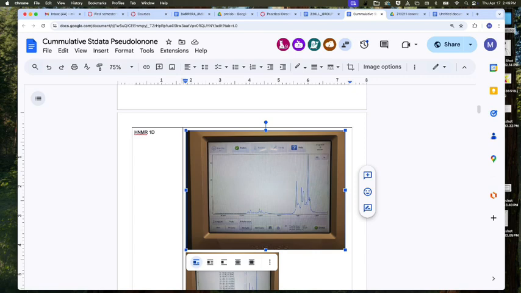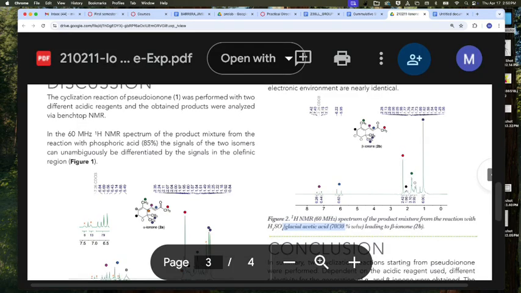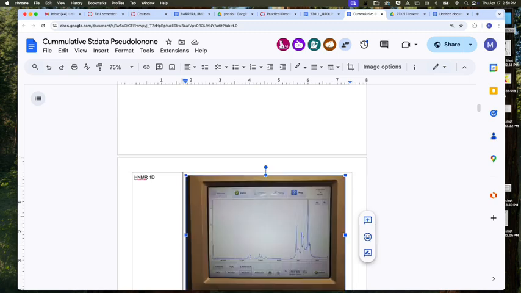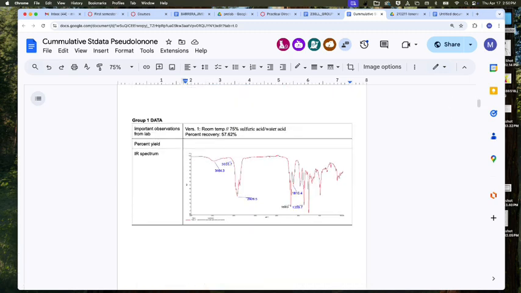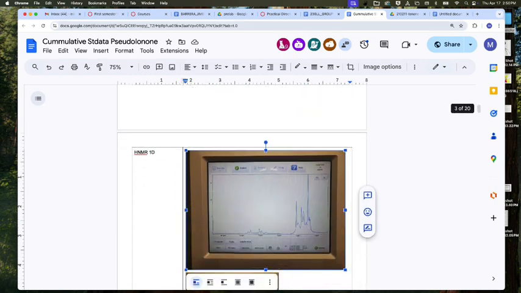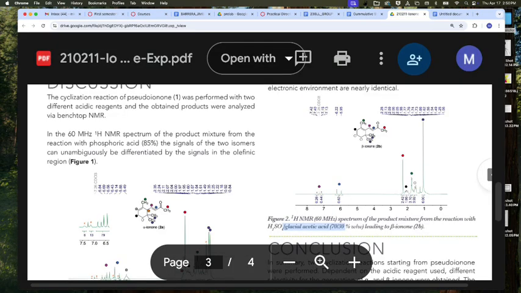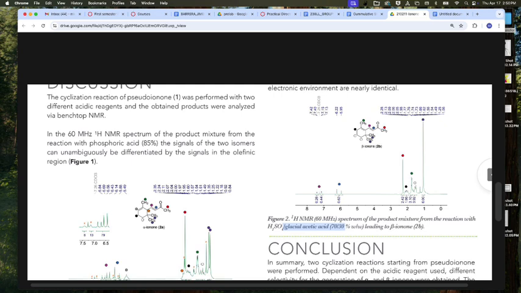This spectra looks a whole lot like this spectra. What does that mean? Sulfuric acid in water at room temp has almost identical results as sulfuric acid and glacial acetic acid.